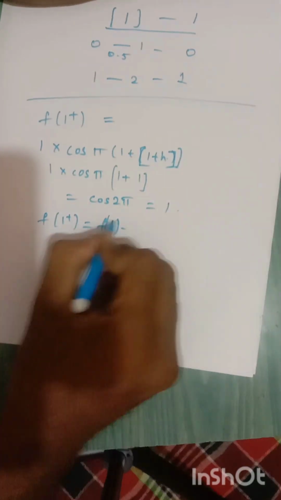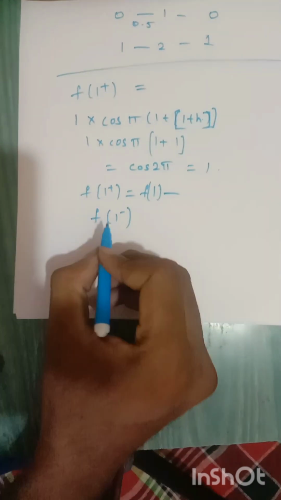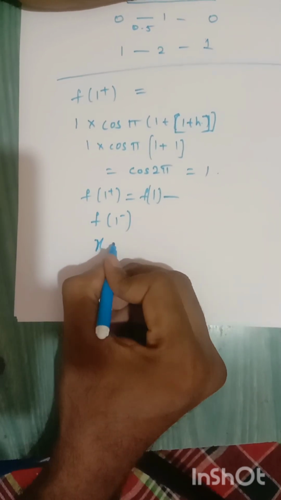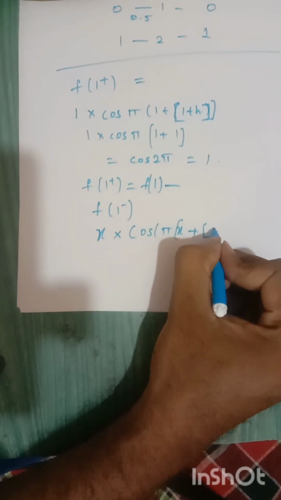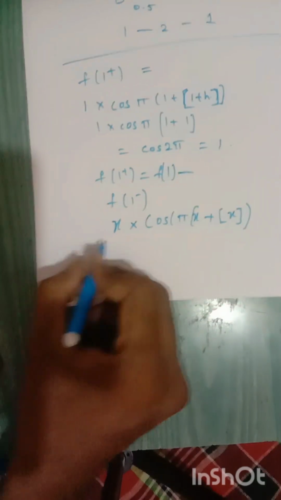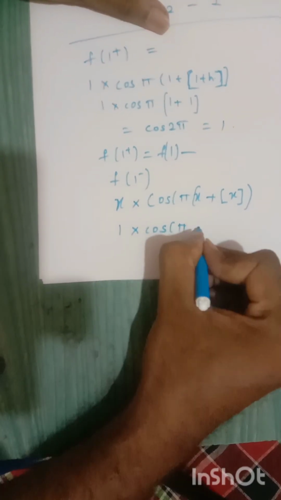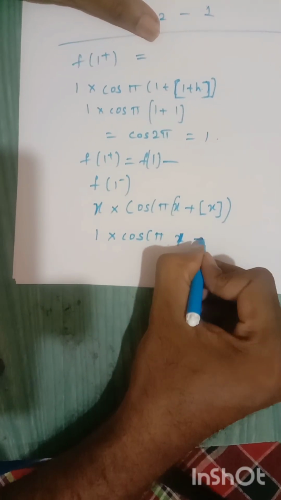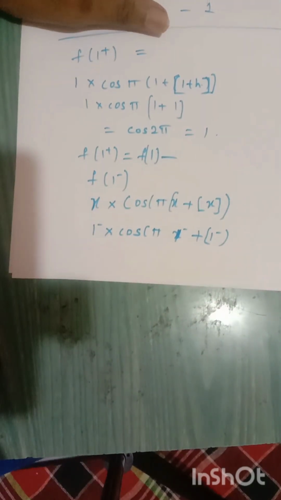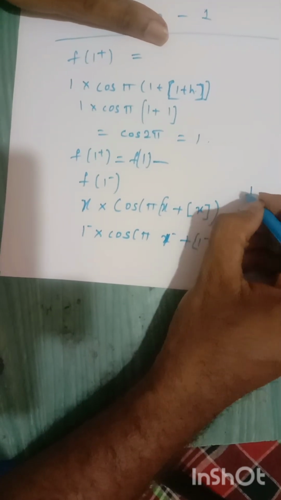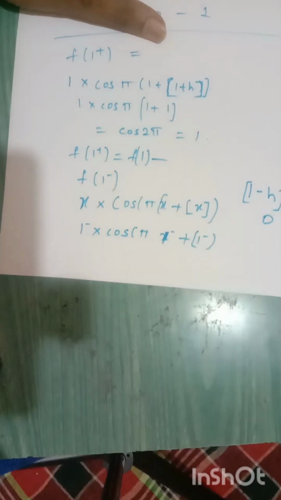Both are equal. Now we have to check f(1−). f(x) equals x cos(π(x + [x])). Here x is 1 minus, so 1 minus h. The greatest integer function of 1 − h will be 0.